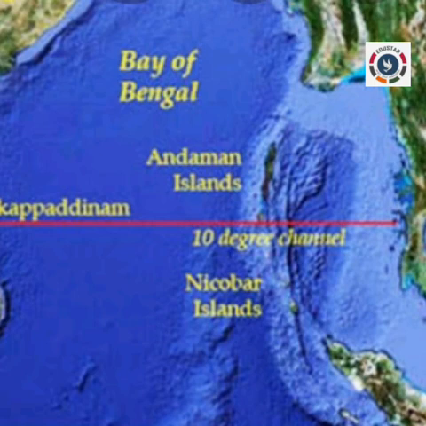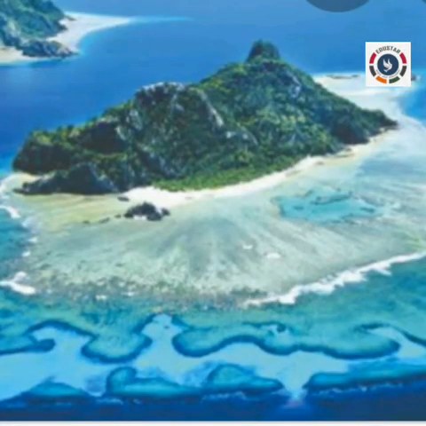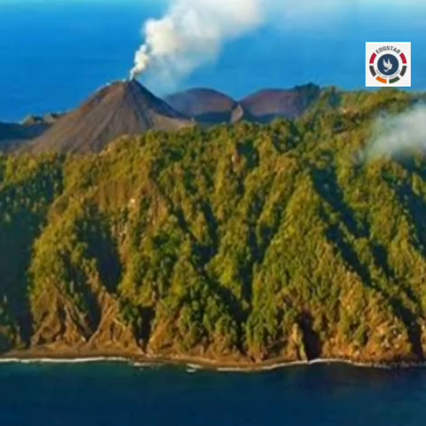These islands include over 500 islands. These islands are covered with dense forest. Only a few of these islands are inhabited by people, and most of the islands are inhabited by tribals. Barren Island, India's only active volcano, is located in East Andaman.